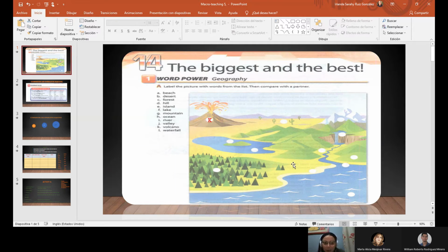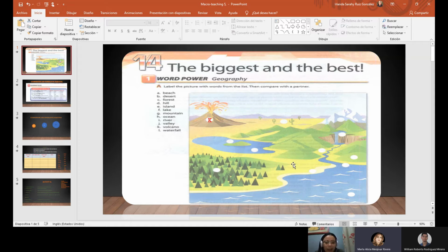Thank you very much, Marta, for your excellent explanation about the comparative and superlative adjectives. It was very amazing. It's a pleasure for me to continue with the next stage. Welcome, Licenciado David, and colleagues Marta and William.